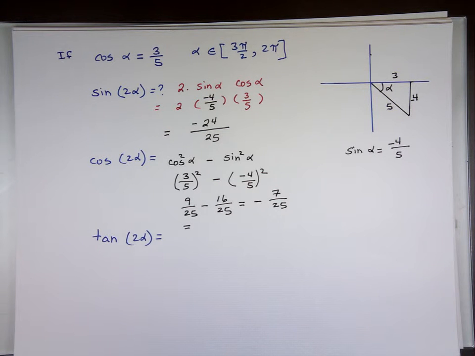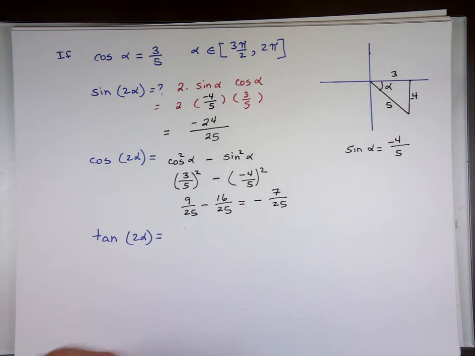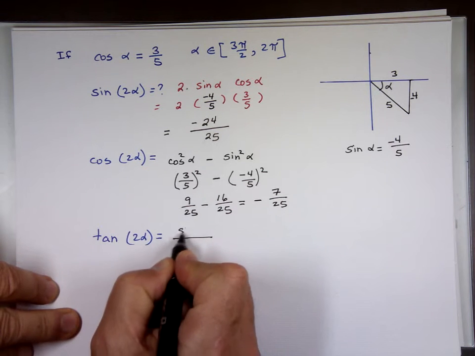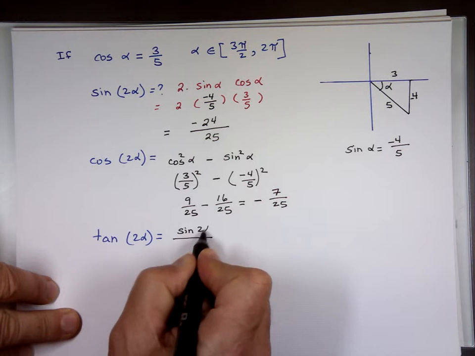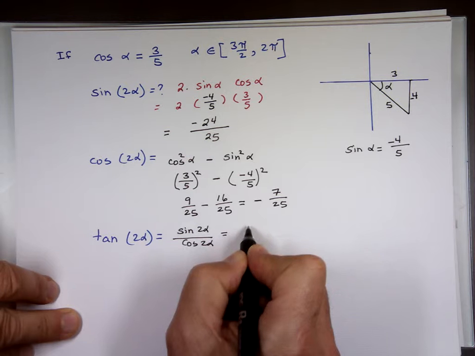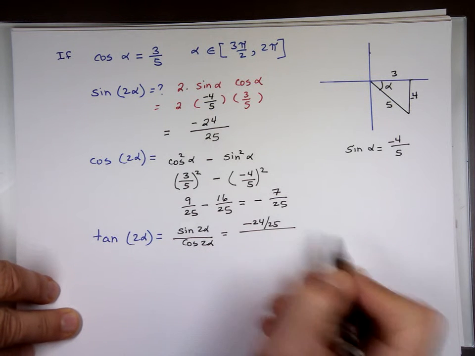Let's do the tangent. Well, the tangent, I could find the tangent and use the equation too, but I'm going to take the easy way out. Tangent is what? Sine over cosine? What's the sine? Negative 24 over 25. What's the cosine?